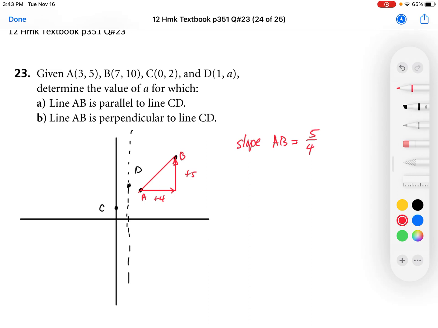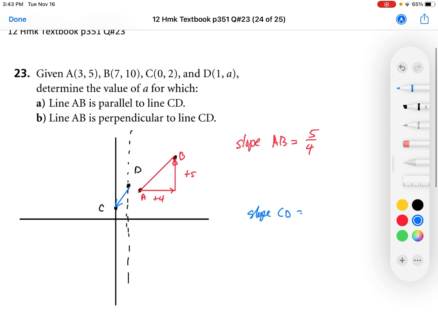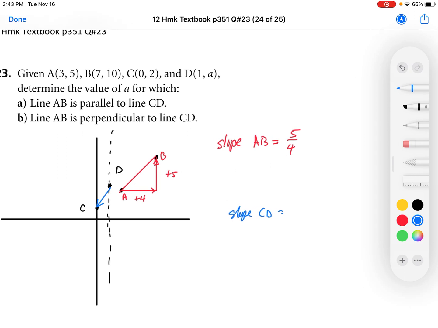So we want the slope of C to D to be the same. If I want to write the slope of C to D, the slope equation is going to look like this.